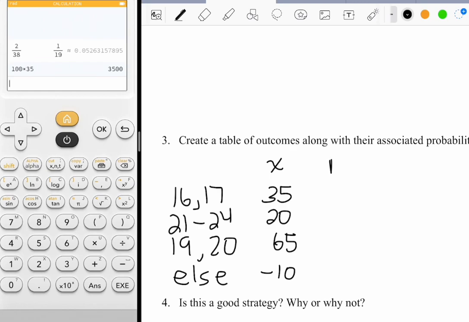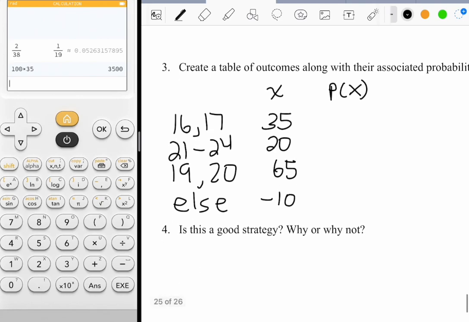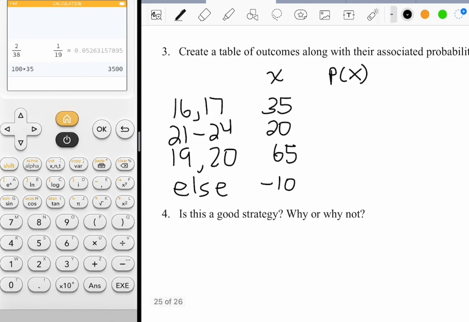The probabilities, so we say P of X. Well, 16 or 17 amounts to 2 of the outcomes that you could get out of the 38.